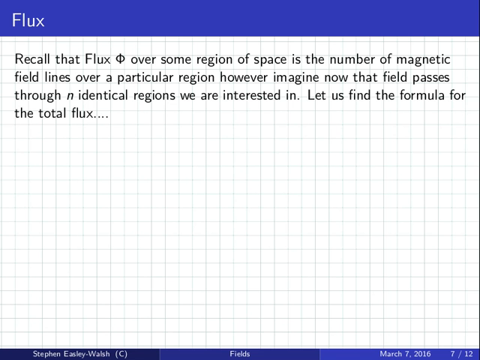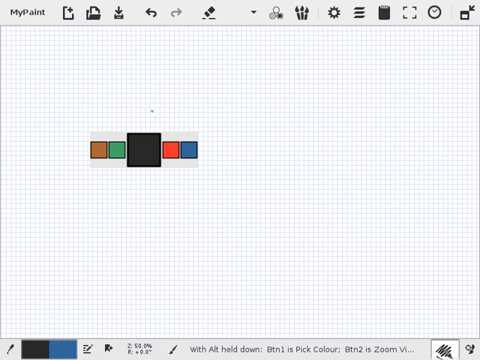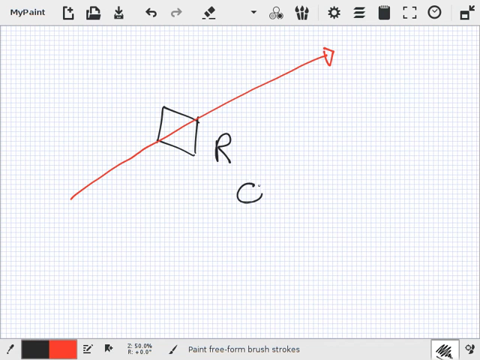What's the formula for the total flux? Let's say we have one region here. I call this OR. And I have 1 field line through it. So what's my flux here? It's 1 Weber.